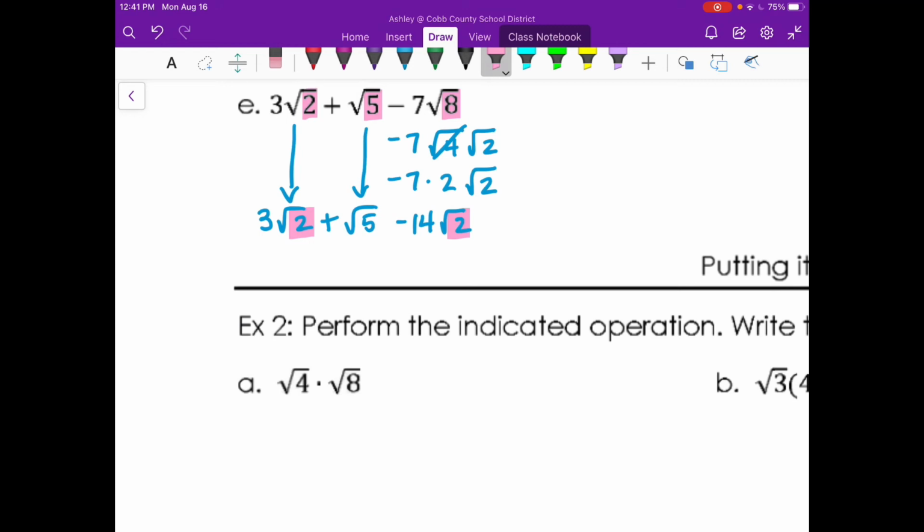So the matching radicals, or the like radicals, we can combine their coefficients. So 3 minus 14 gives us negative 11, radical 2. And then that other radical that did not have a like radicand, we'll just bring it down and add it to the end. So plus radical 5.